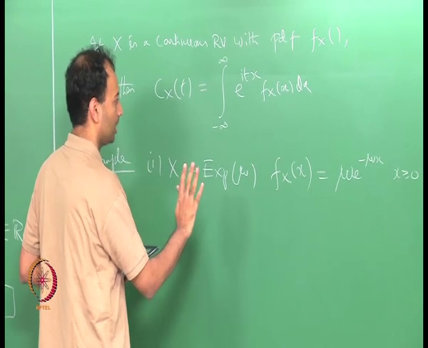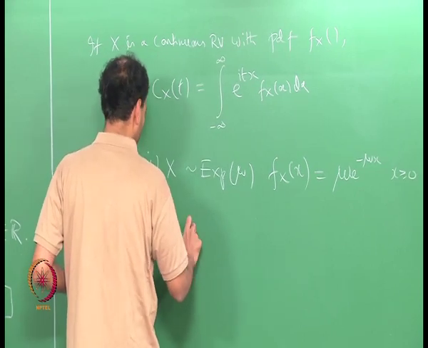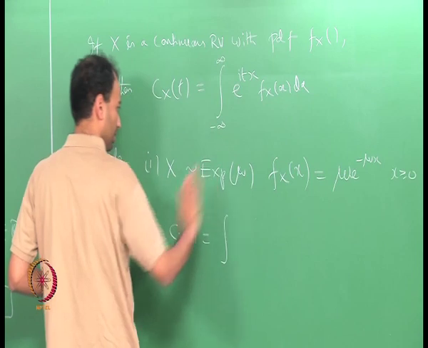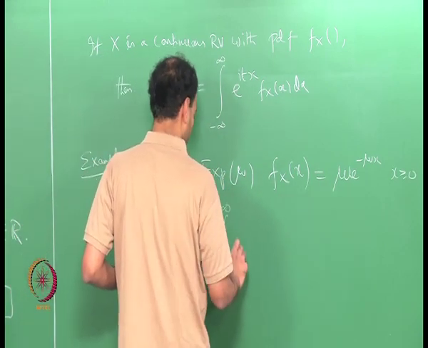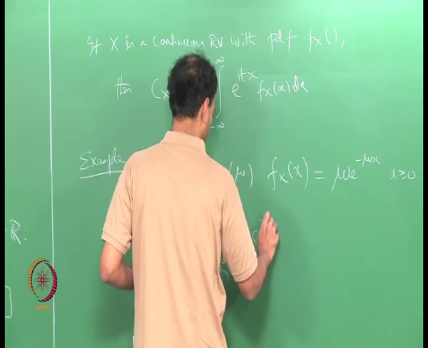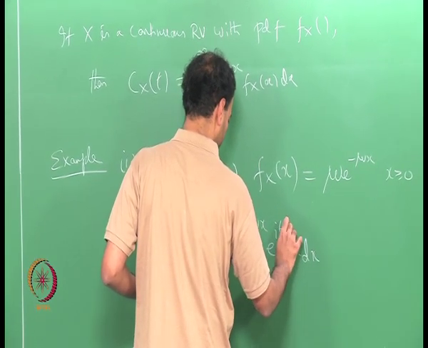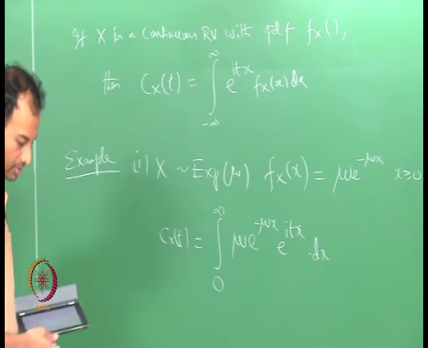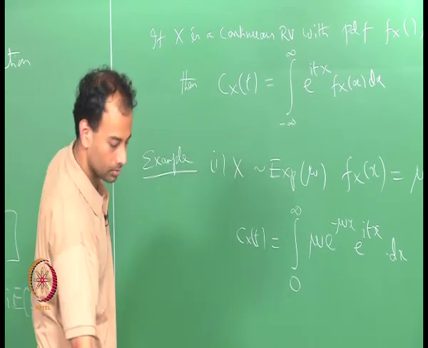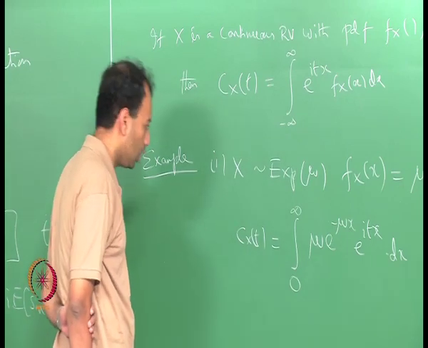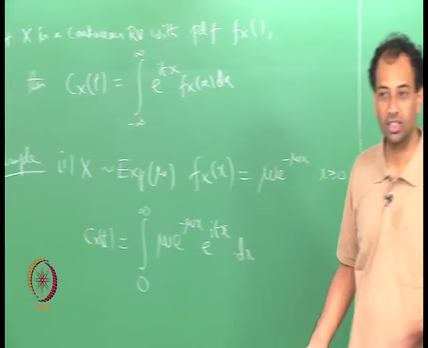I have to give you some caveats here. Here is my PDF, and my characteristic function will be the integral from 0 to infinity of mu e^(-mu x) e^(itx) dx. This is an integral you would have computed in signals and systems.